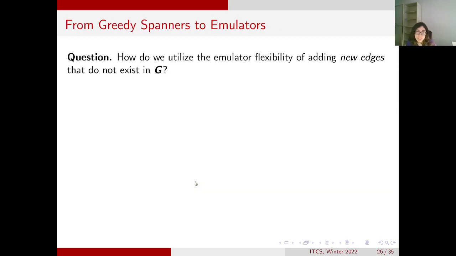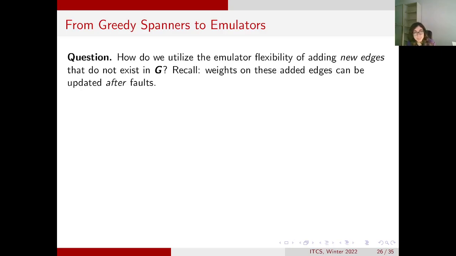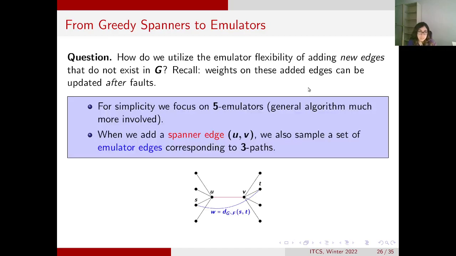Okay, now this was an algorithm for spanners, so what do we do to turn it into an emulator algorithm? As discussed, we should somehow utilize the fact that emulators give us more flexibility because we can add new edges somewhere in the algorithm. The other thing to remember is that the weights of these edges that we add that didn't exist in G can also be updated after faults.